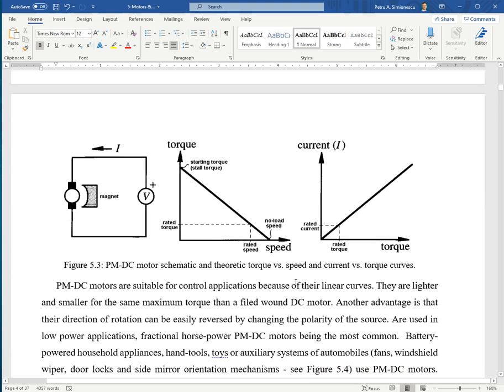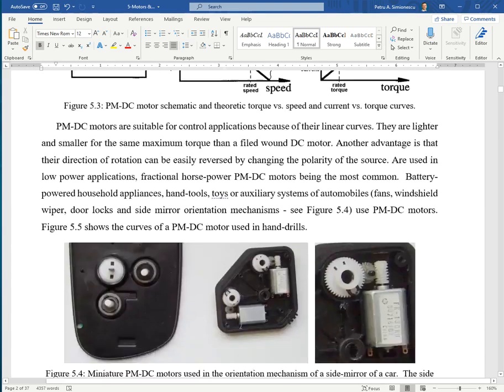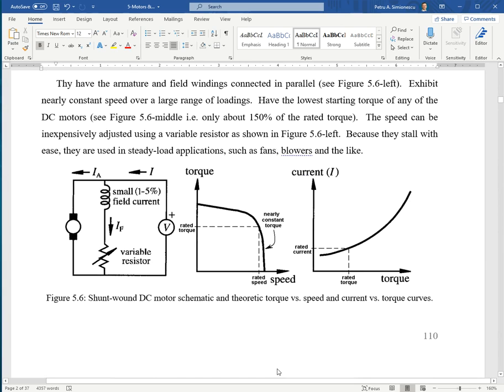So a motor like this one is good because you can adjust the speed easily with a variable resistor, but compared to the permanent magnet DC, it does not have a significant stall torque to help at startup, breaking the inertia.